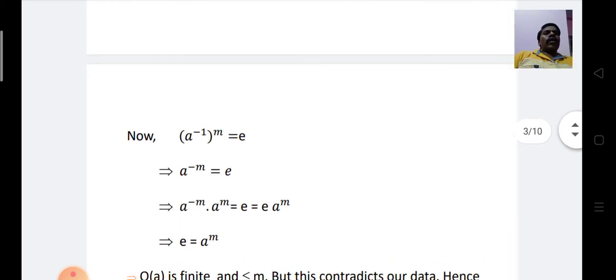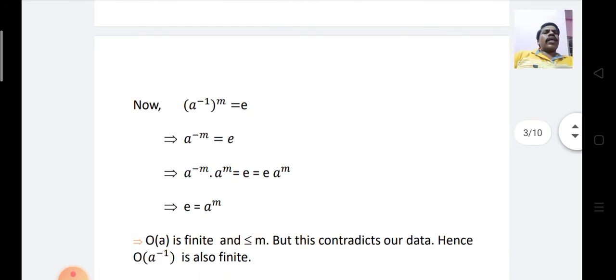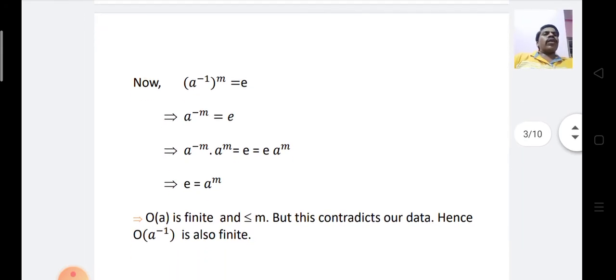Now again we write this as A inverse to the power m is equal to E, which implies A power minus m is equal to E. If I multiply A power m on both sides, we get A power minus m into A power m, which is equal to E into A power m, which implies A power minus m plus m, we get A power 0, that is the identity element.